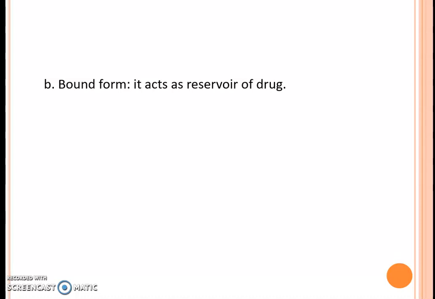Bound form. In the bound form, the drug cannot show any pharmacological activity. It acts only as the reservoir for the drug. When the concentration of drug in free form starts decreasing, slowly the drug is released from the reservoir. That is, from bound form it gets converted to unbound form.